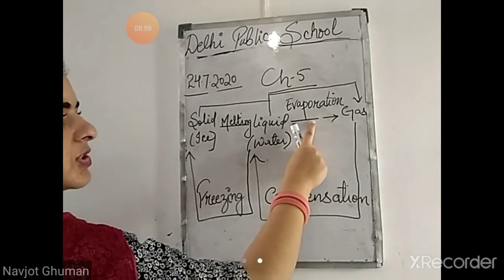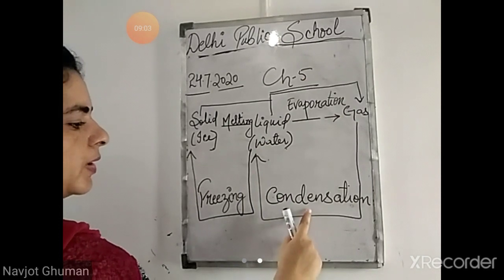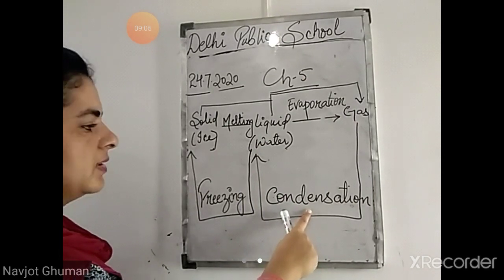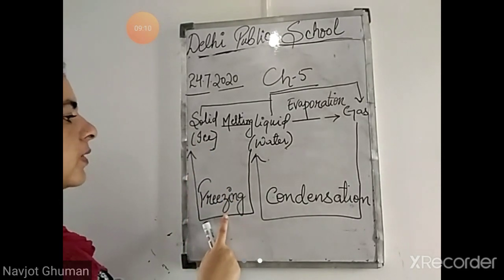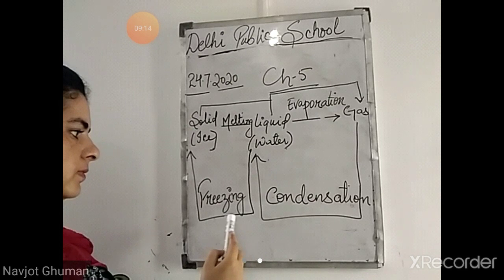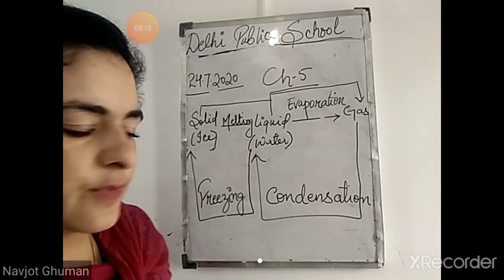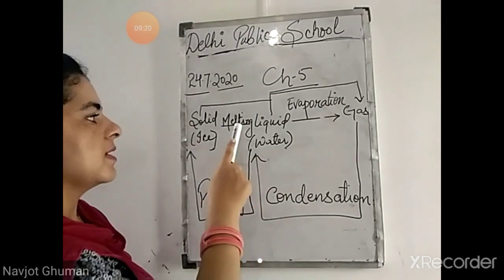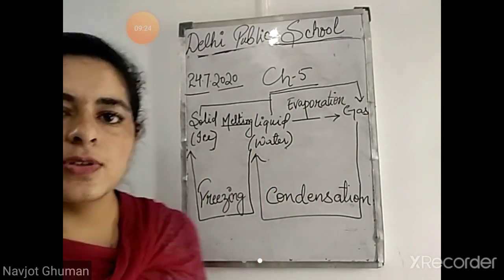The change of gas into liquid on cooling is condensation. The change of liquid into solid on cooling is called freezing. So these are the four processes by which the three states of matter change their form.